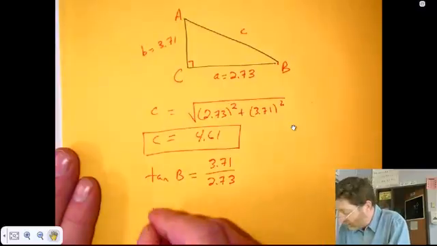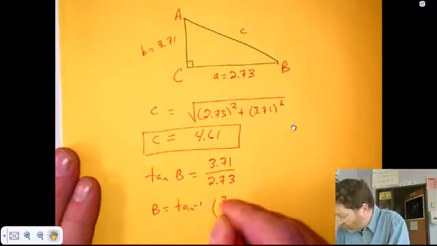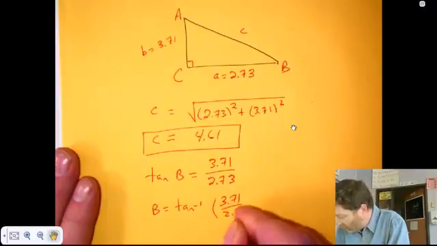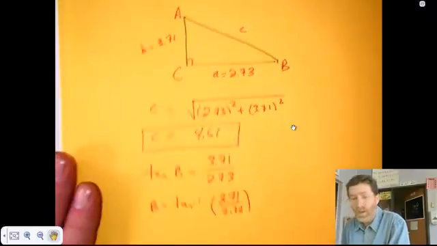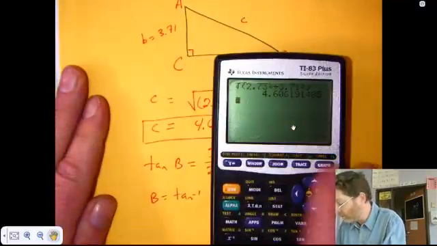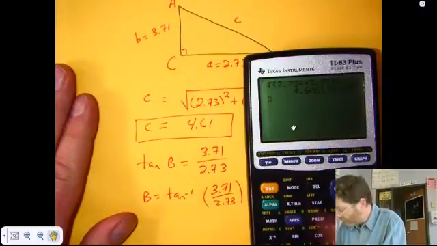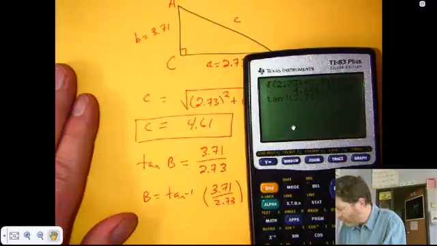So B has to be the inverse tangent of 3.71 over 2.73. I think I'm going to do it all in one step. Of course, I want to make sure I'm still in degree mode. So let's see, inverse tangent of 3.71 divided by 2.73.